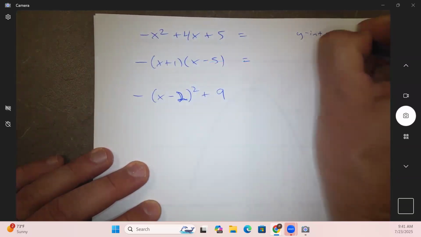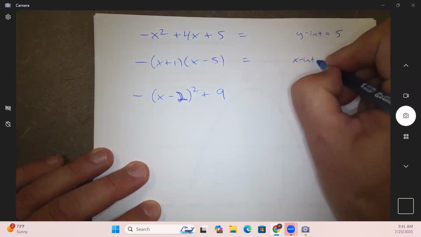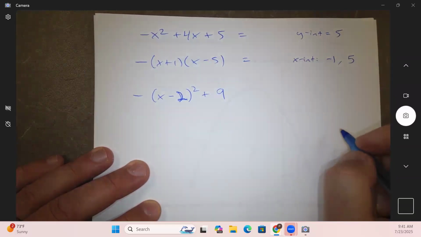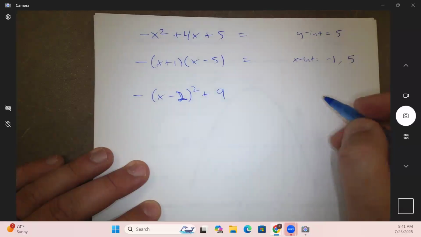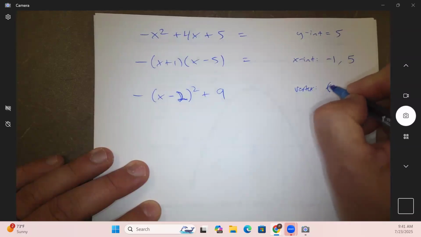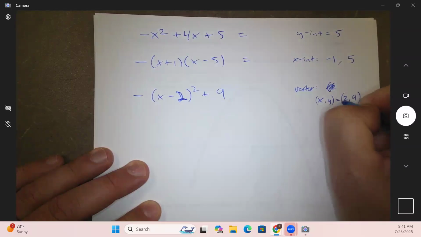The y-intercept is 5. The x-intercepts are -1 and 5. Happens to be the same. And the vertex is (x, y) equals (2, 9).